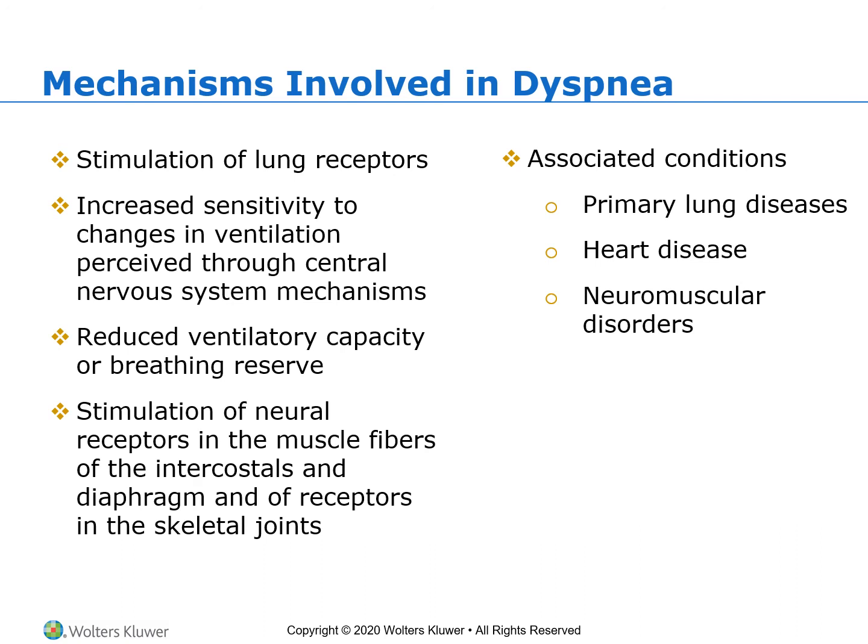We see that in primary lung diseases such as pneumonia. We see it in heart diseases where we have pulmonary congestion, and we see it also with neuromuscular disorders, for example, myasthenia gravis. Although dyspnea is a respiratory problem, it can also happen when we're exercising, and we can call that exercise-induced reactive airway disorder.